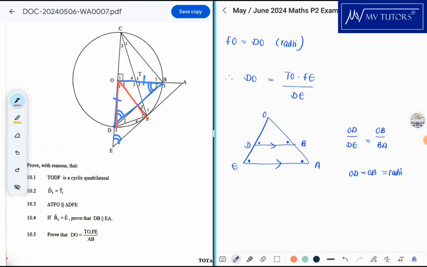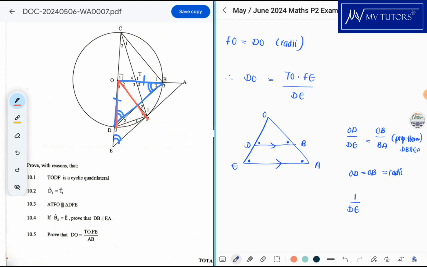So if they're equal, I can basically cancel them out. What do I mean? If I divide by OD is equal to OB, basically I have 1 over DE. By the way, this is the proportionality theorem, where DB is parallel to EA.